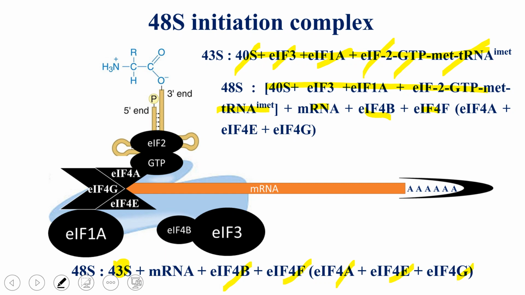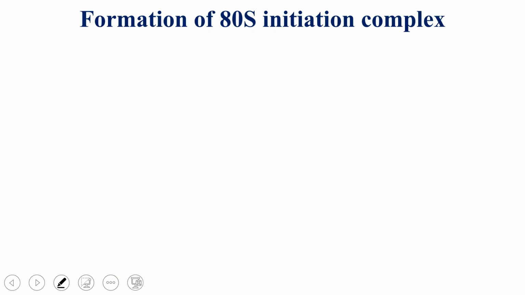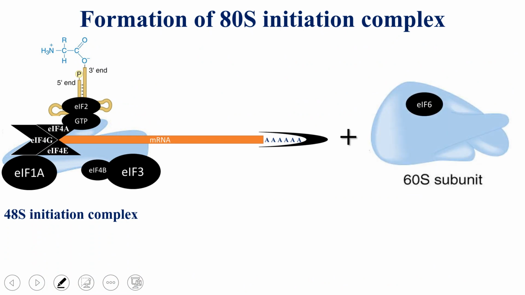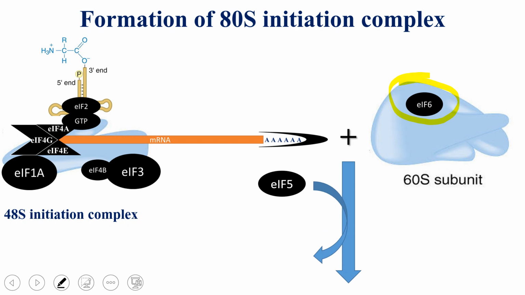Now the next step will be 80S initiation complex formation. In this 80S initiation complex, we have the 48S from the previous steps. This combines with the 60S ribosomal subunit from when the ribosome was first dissociated. So this ribosome was dissociated, and 60S combines with IF6. These two combining needs another factor called initiation factor 5.